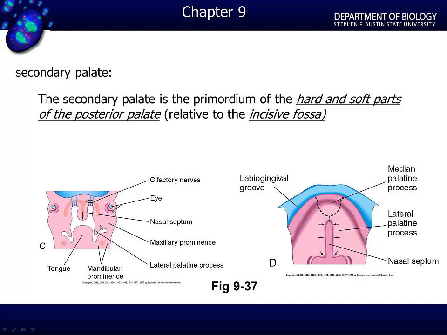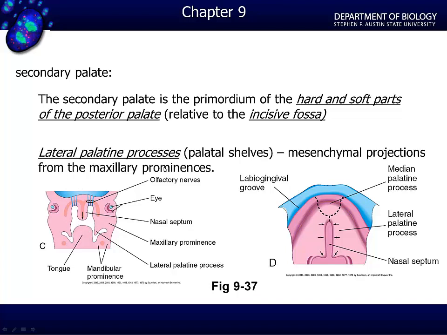Now notice they seem to be growing downward. That's because at this point the tongue takes up much more room in the oral cavity than anything else. Later in development, as the oral cavity expands and the tongue becomes a relatively smaller component, these lateral palatine processes will snap up into a shelf.